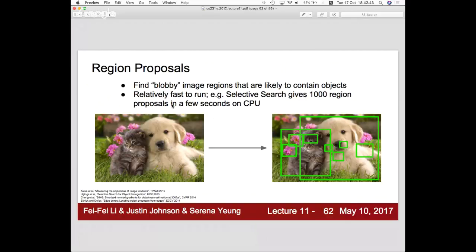So the idea around it is to have something called a region proposal. Region proposal is an algorithm by itself that goes into an image and suggests areas of interest, ROI. Okay, the regions of interest are based on an algorithm that is not actually part of CNN. It's part of what you call a traditional algorithm.